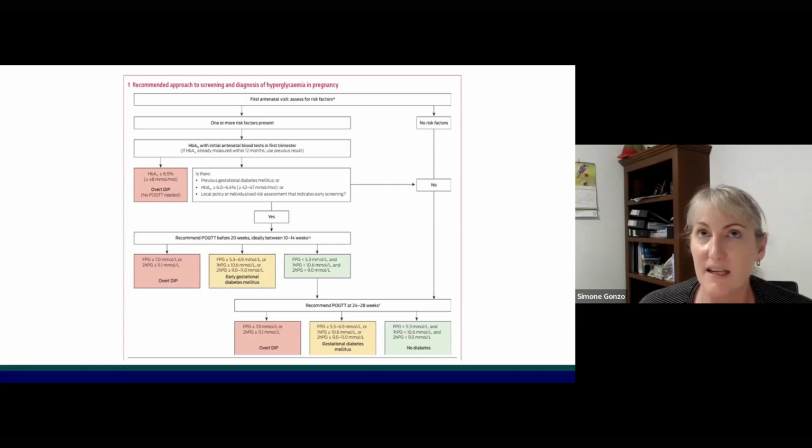So the changes in population anyway, so increasing BMI, increasing maternal age, also within Australia, because these are Australasian recommendations, we've had a change in ethnicity, so a higher representation of South Sea Islanders, Southeast Asian patients as well. So that has increased overall our GDM patients.